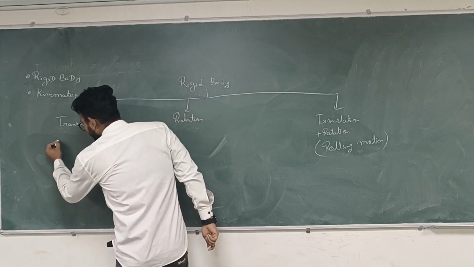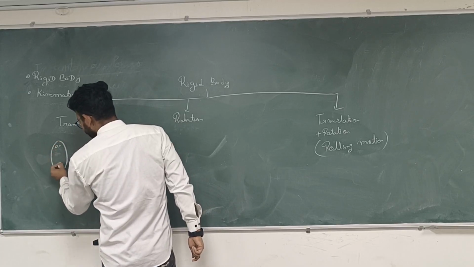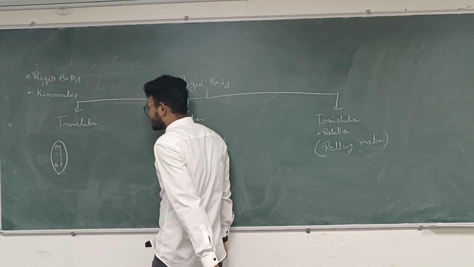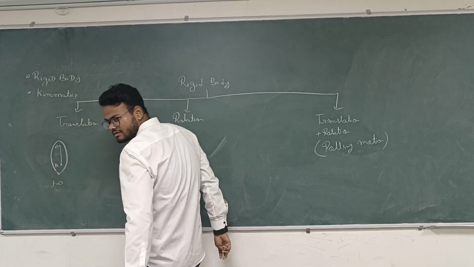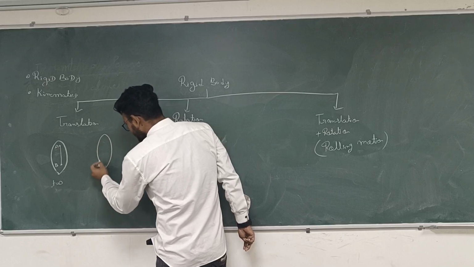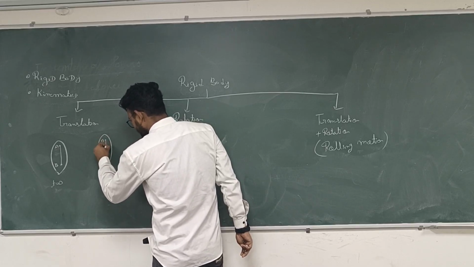So let us discuss the translation motion. If we have any arbitrary body, let's suppose the point A and point B on this body, and this is the situation at, let's suppose, t equals 0.